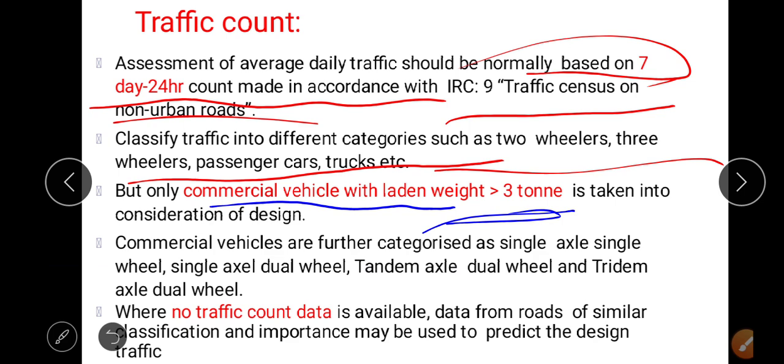Commercial vehicles are further categorized as single axle single wheel, single axle dual wheel, tandem axle dual wheel, and tridem axle dual wheel.